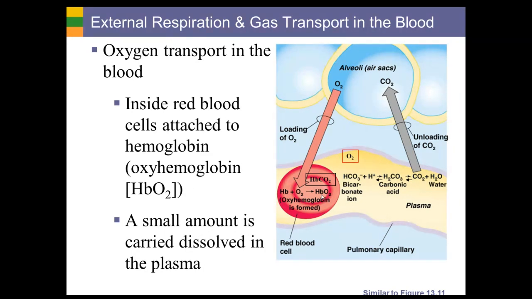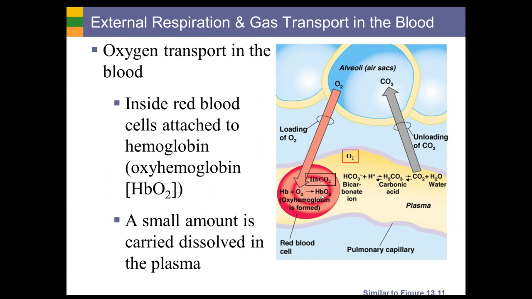Another name for iron oxide is, any guesses? Rust. And what color is rust? It's red. And that is why blood has a red color. And that's why oxygenated blood has a really bright red color, because where oxygen is binding to the heme group, it emits a red color.